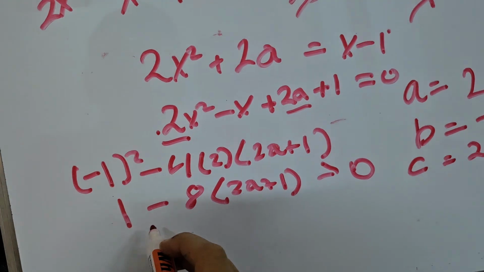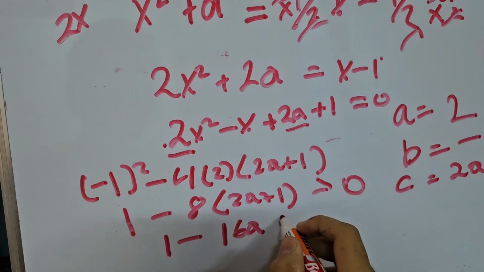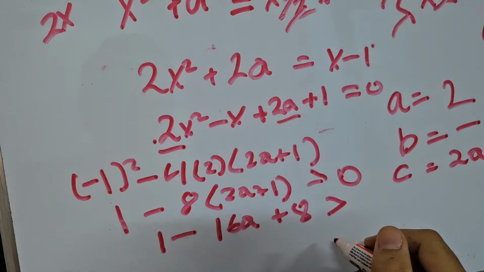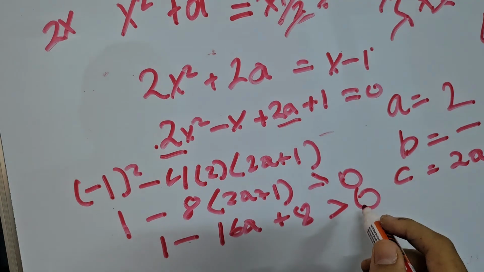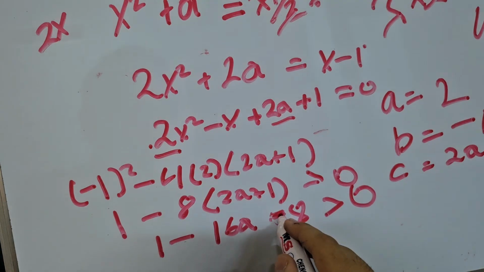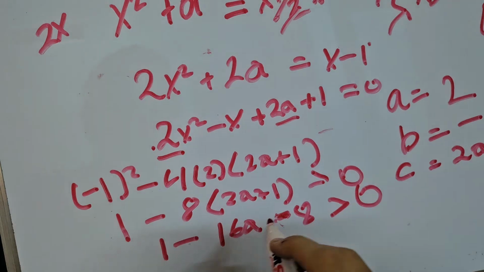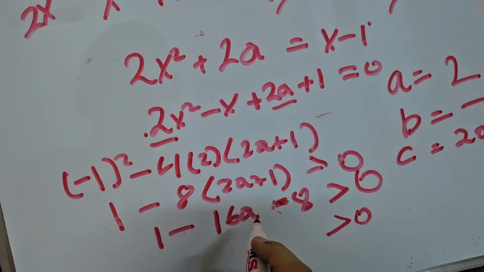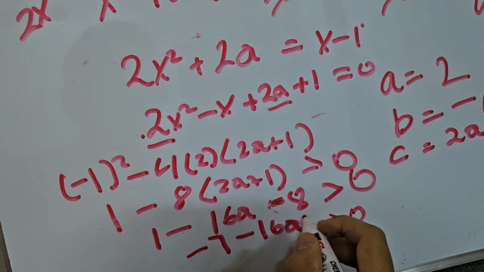So 1 minus 8 times 2a is going to be 16a, and plus 8, so minus 8, minus times plus is minus 8. Simplify this: minus 8 plus 1 is going to give us minus 7, minus 16a, greater than 0.